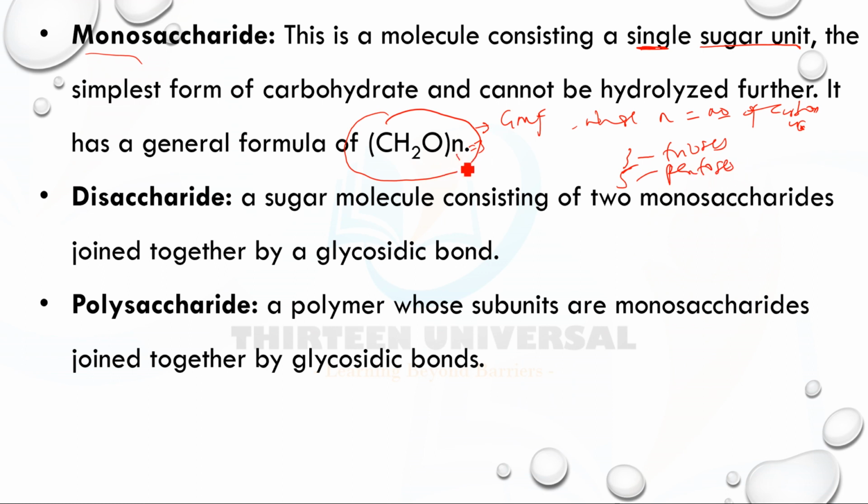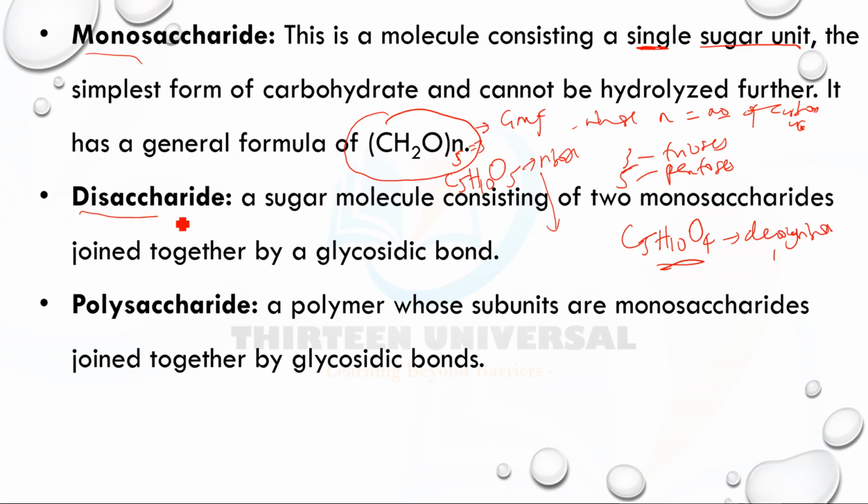If you put 5 there and multiply out, you're going to have C5H10O5. Now this is ribose, a pentose. If you want to form deoxyribose from that, remove one oxygen, so you have C5H10O4. Deoxyribose lacks one oxygen. It's found in DNA, right?